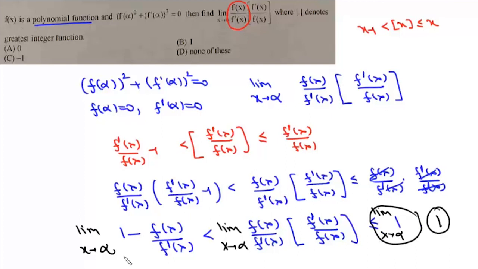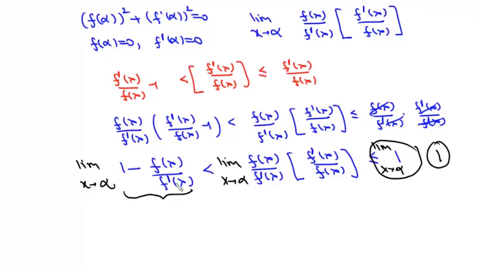We need to find the value of this limit on the left hand side. Now this is 1 minus. Now what about this f(x) upon f'(x)? If we know that f(alpha) is 0 and f'(alpha) is 0, it means this alpha is a double root of this function f(x). So we can write f(x) as (x minus alpha) squared into something, and f'(x) will be (x minus alpha) into h(x).